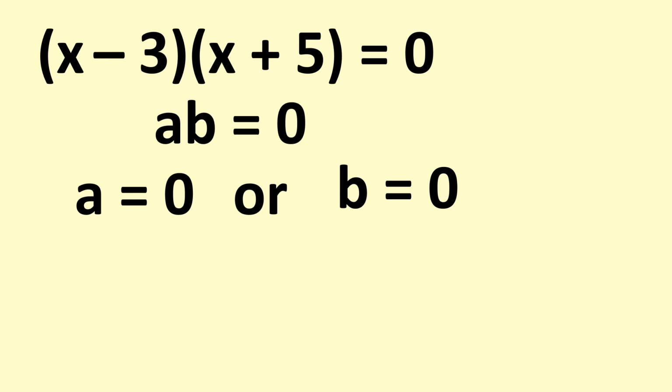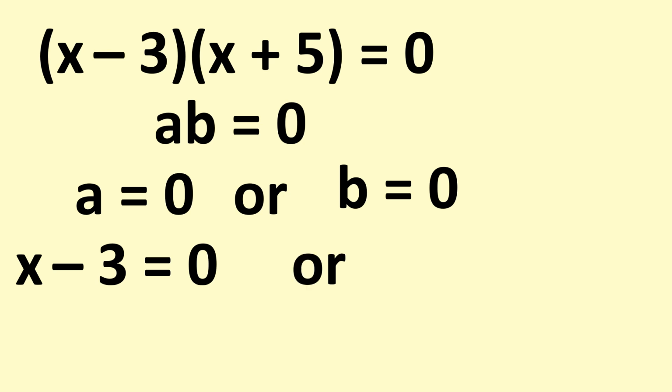If A is 0, you know that AB will be 0, or if B is 0, AB will also be 0. So if x minus 3 into x plus 5 is equal to 0, it tells us that x minus 3 is equal to 0, or x plus 5 is also equal to 0.